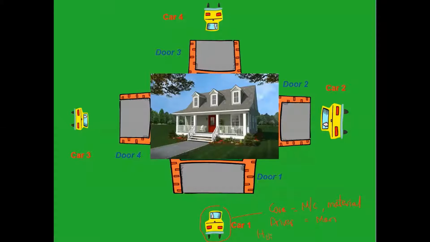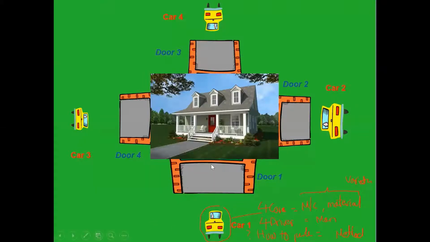car into the garage. So we have 4 cars here with different sizes representing different cars or different machines with various process variation, some with big variation such as car 2, some with small variation such as car 3. All right, so each car has variations of machine, material, man, and methods.